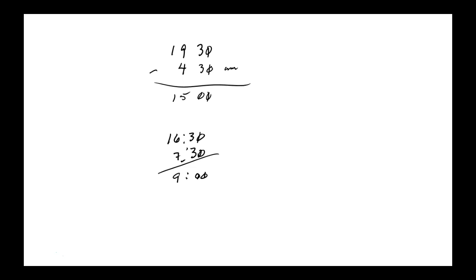Okay, so what was the number of hours of daylight for December 21st? It was 9. And the number of hours of darkness? 15. Got it.